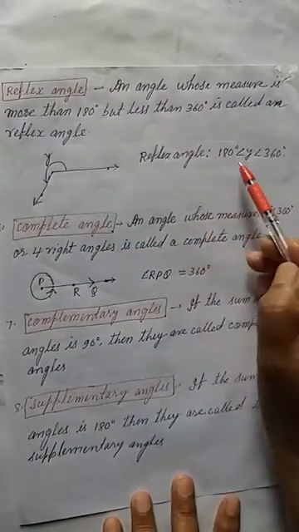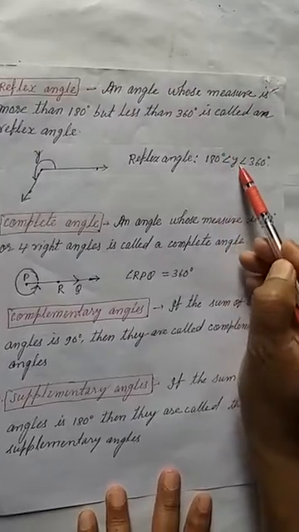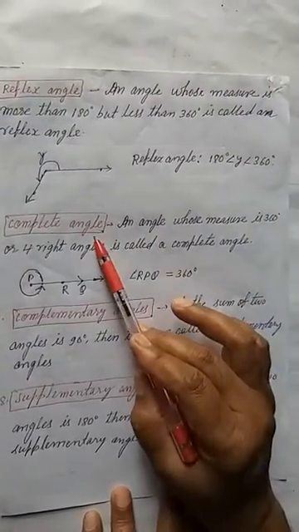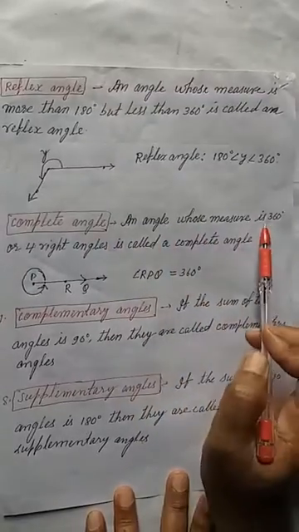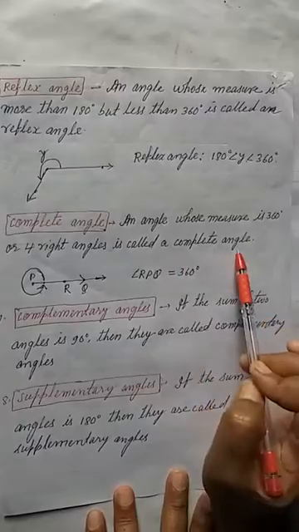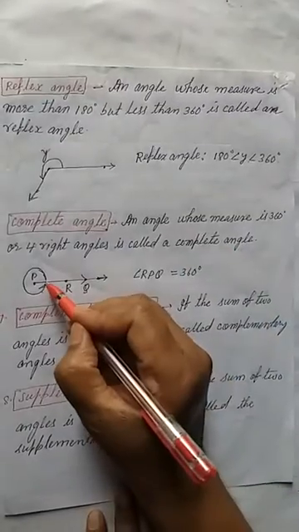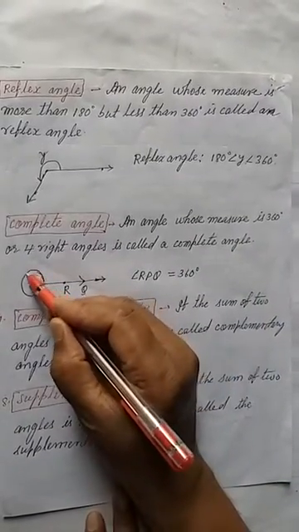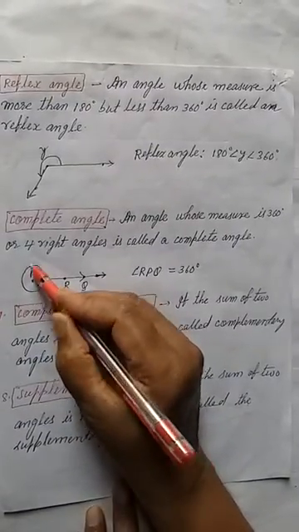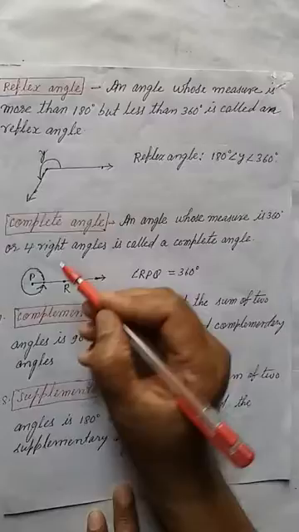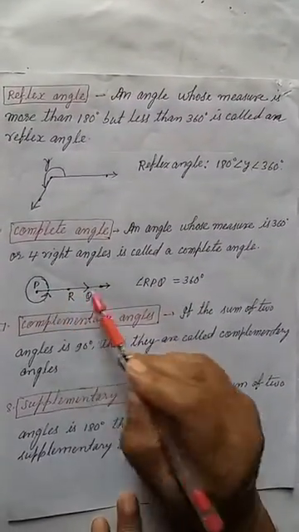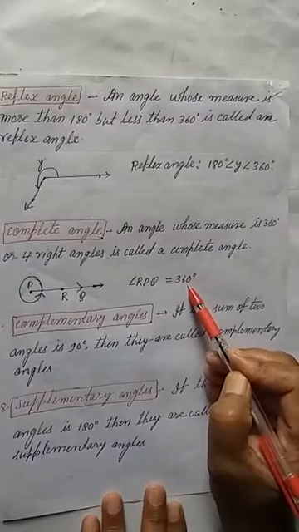So reflex angle: 180 degrees less than y less than 360 degrees. Now the complete angle: an angle whose measure is 360 degrees, or 4 right angles, is called a complete angle. Suppose you are here and you move like this and you come back to the original position, that means you complete one rotation. So in this way angle RPQ equals 360 degrees.